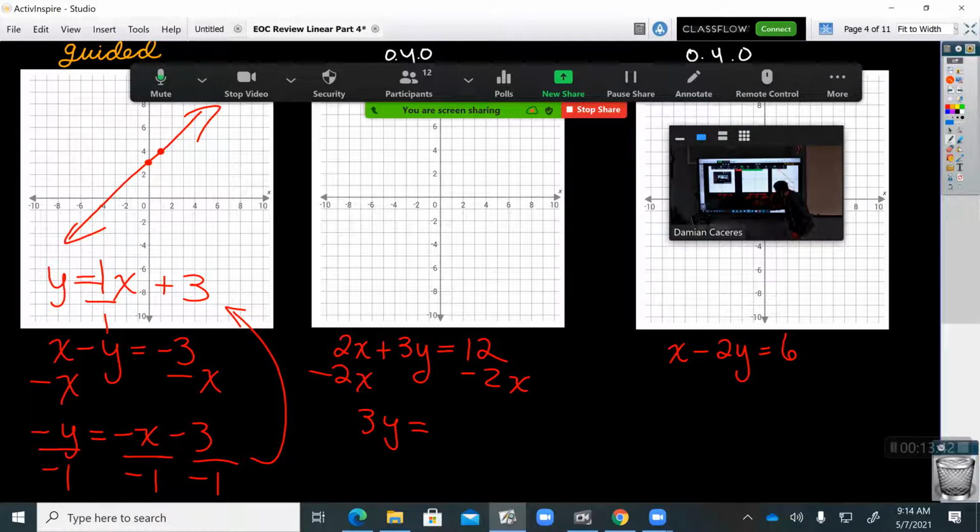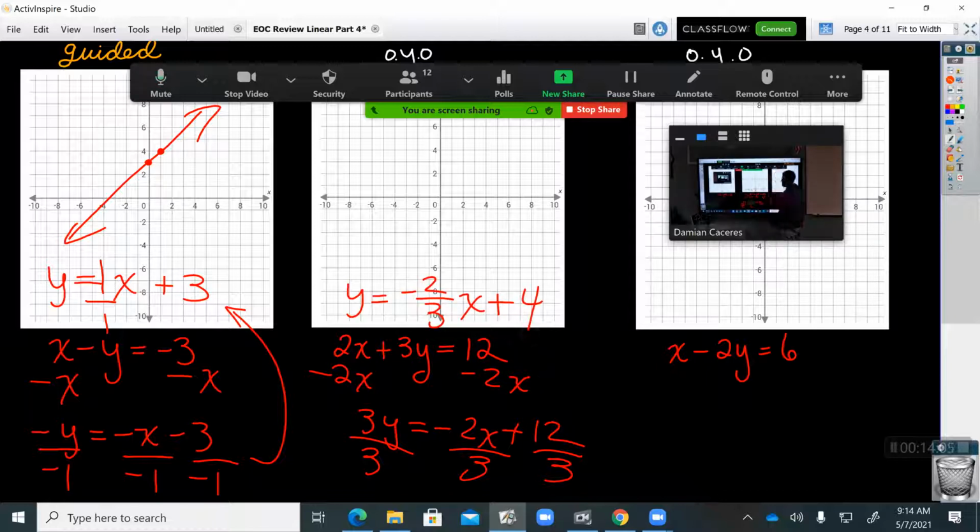Put the x term first. So minus 2x, because that's a negative 2x, and plus 12, because that's a positive 12. Now you just divide all 3 terms by 3. Now that gives you the equation that you can graph. Y equals negative 2 over 3x plus 4.